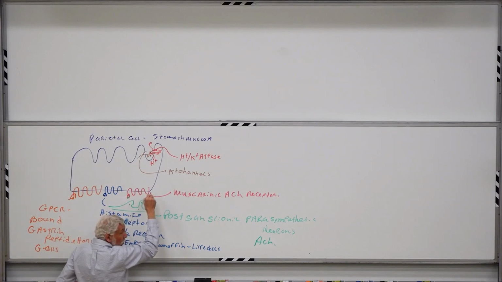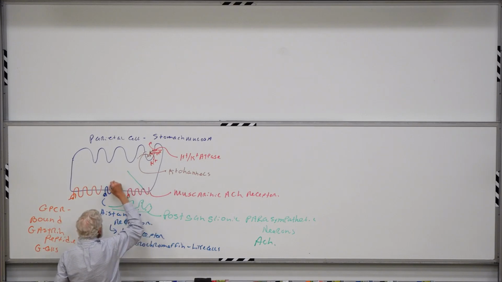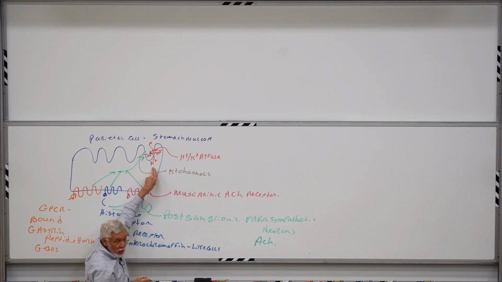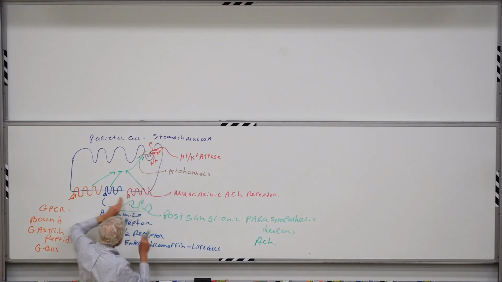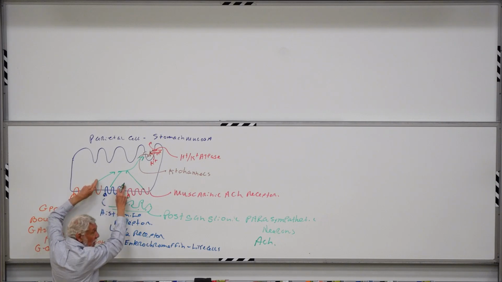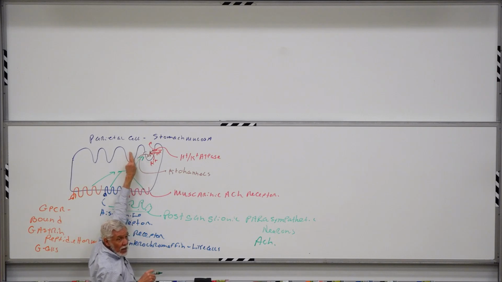All three of these G protein coupled receptors have a cascade which now impinges onto the hydrogen ion potassium ATPase. So in the end, all three of these receptors are running to the same endpoint to increase the hydrogen ion concentration in the lumen of the stomach.